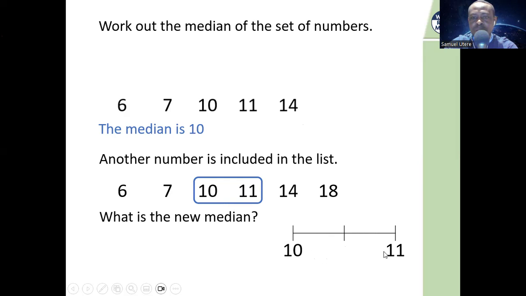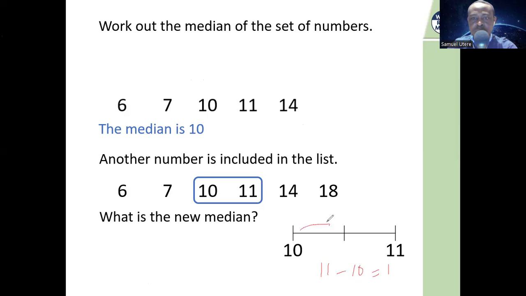Now you can see that for this interval, the difference between 10 and 11 is 1. Now we have two intervals. If we divide 1 by 2, we know that the value of each interval will be 0.5. So here is what I'm talking about. 11 minus 10 is 1.